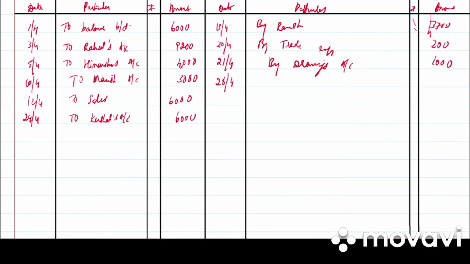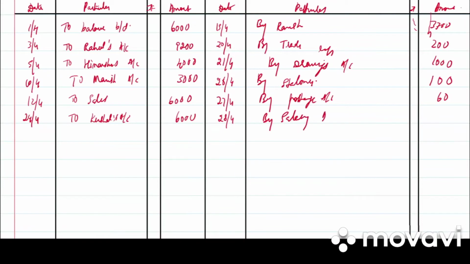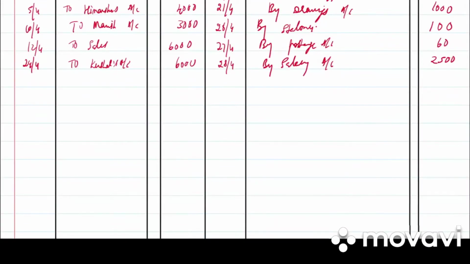Then on credit side 26th April we have by stationery 100. 27th April on credit side we have by postage account 60. Then 28th April we have by salary account 2,500. We have written all the entries. Next step is to balance the cash account. Which side is more? Our debit side is more. What is the total?